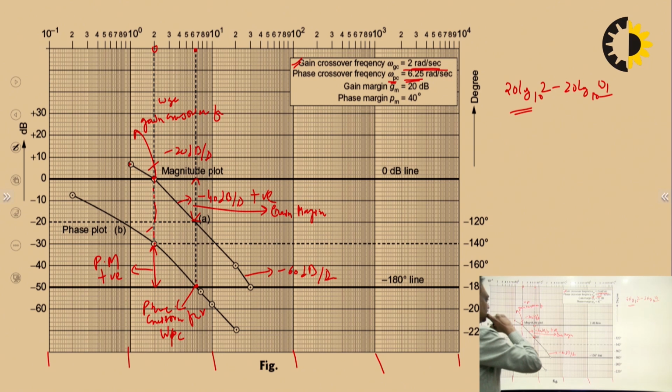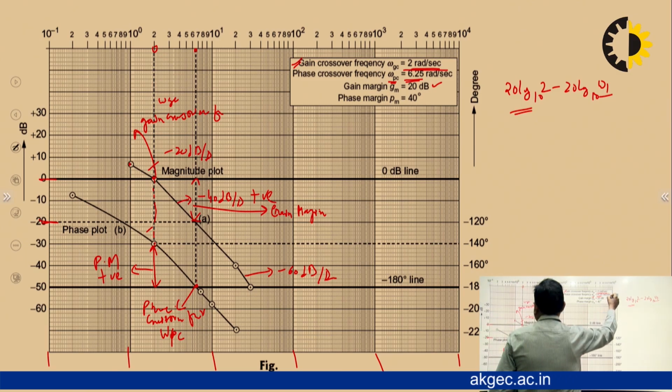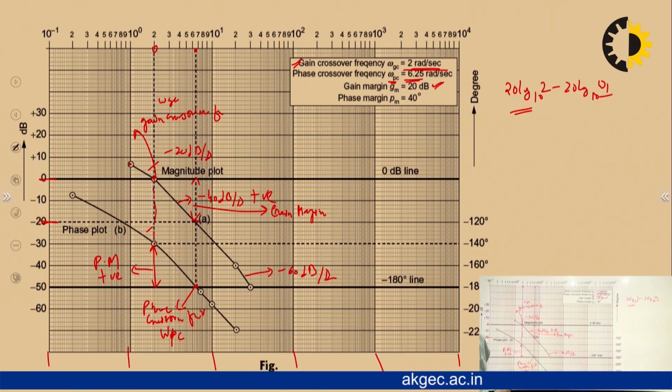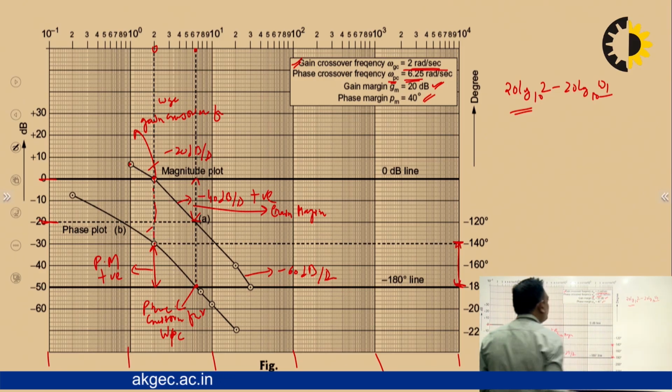For the gain margin, you can simply see this is 0 dB and this is 20 dB, so the gain margin is 20 dB. For the phase margin, this is -180 and this is -140, so the phase margin is 40 degrees.